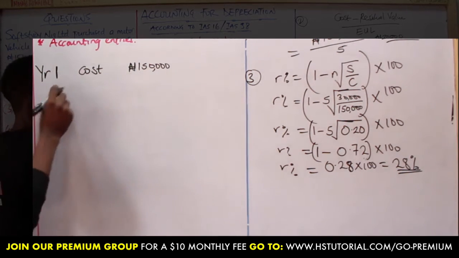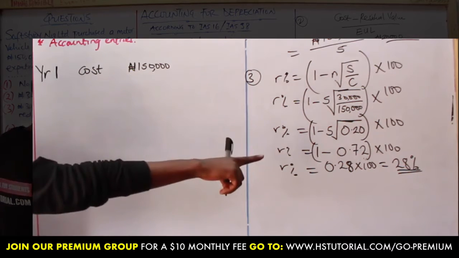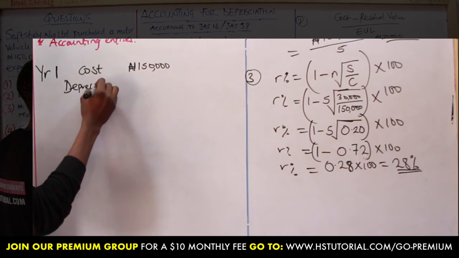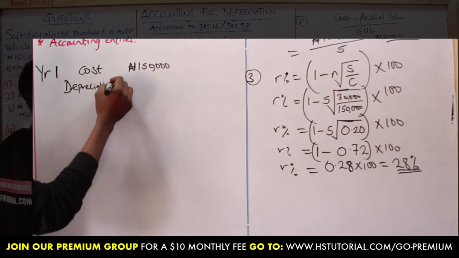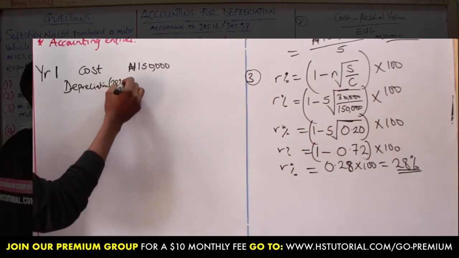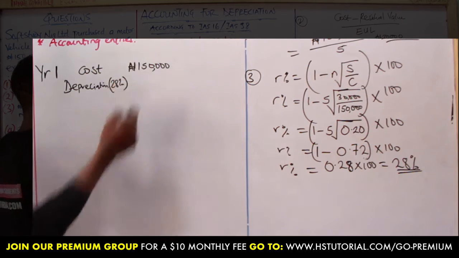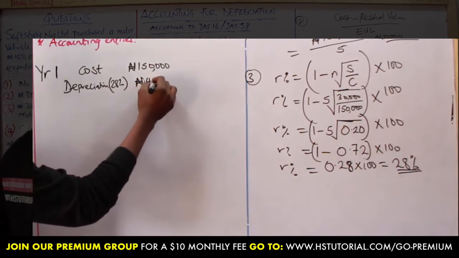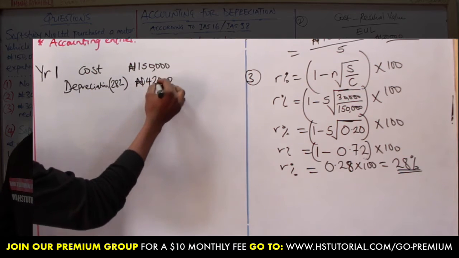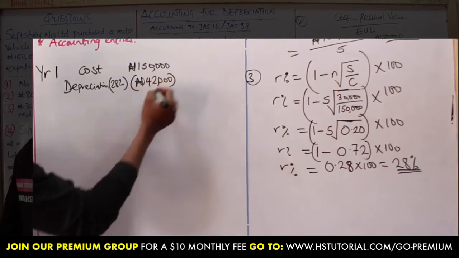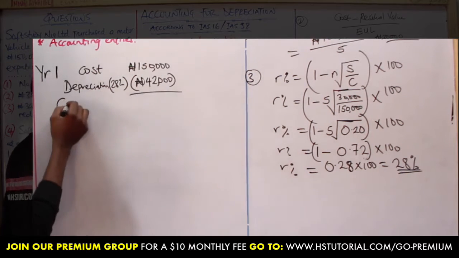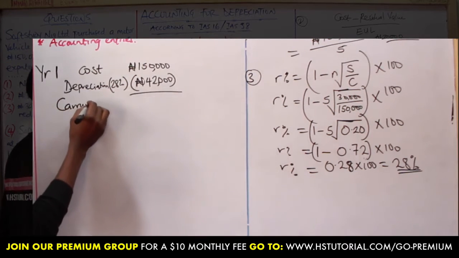Then you apply this 28%, which is the depreciation rate. So 28% of 150,000 naira will give you 42,000 naira. That 42,000 naira you will have to deduct from the cost of the asset for you to get your carrying amount.